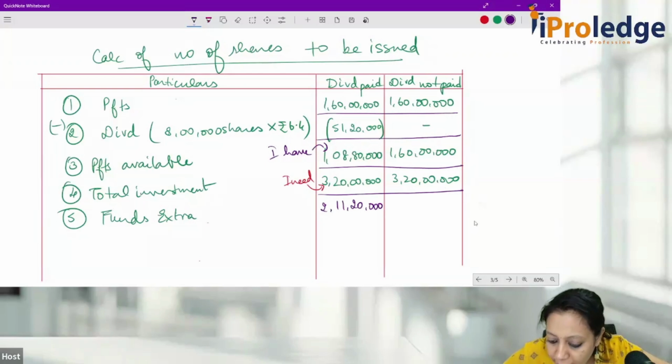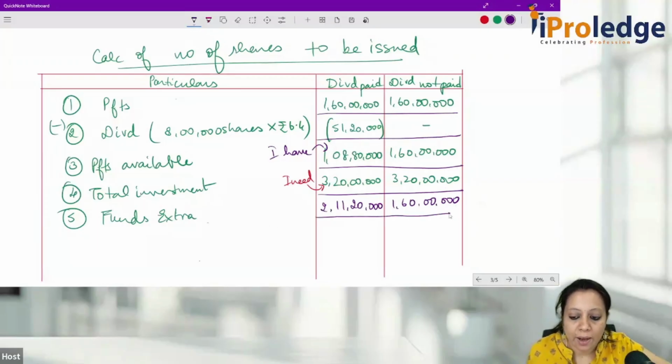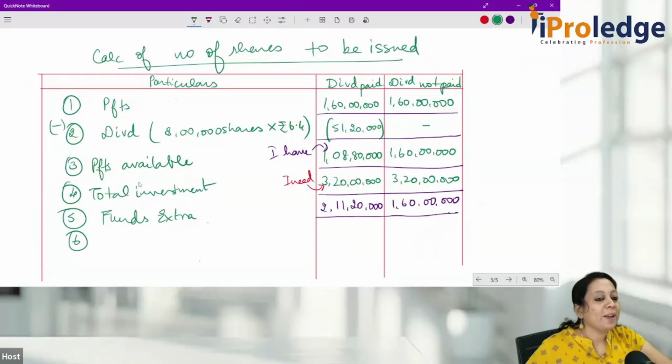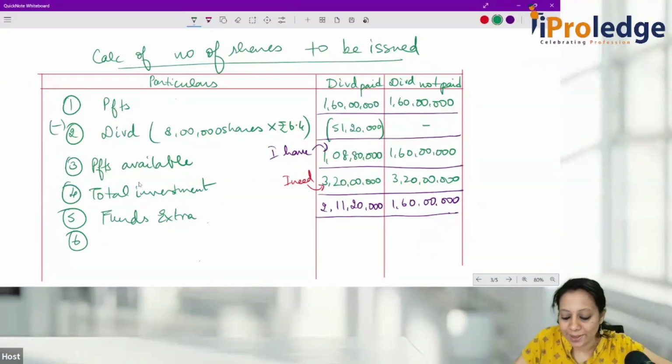Now, this is, you all know, very simple. 3 crore 20 lakhs I need, 1 crore 60 lakhs I'm having, so 1 crore 60 lakhs is what I need extra. All right, students. I need this much extra. Whom will I ask? I will ask my shareholders.